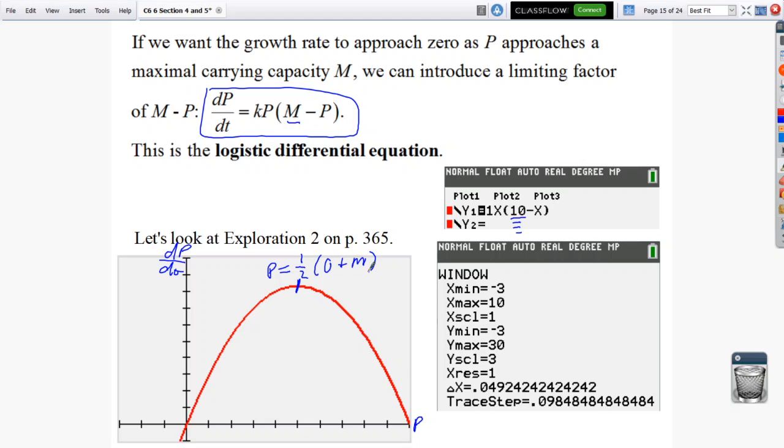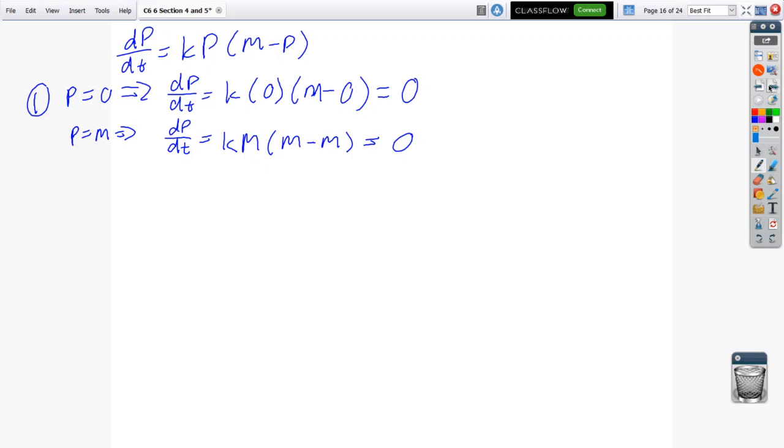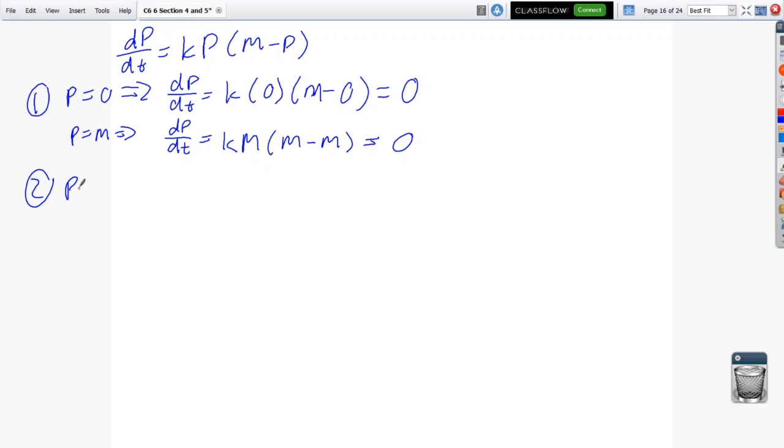So the vertex of the upside down parabola, also known as the maximum of this parabola, is going to be at half of m. So what we see there is the fastest rate of growth is going to occur when the population is half of the maximal carrying capacity. That's an important thing to notice.